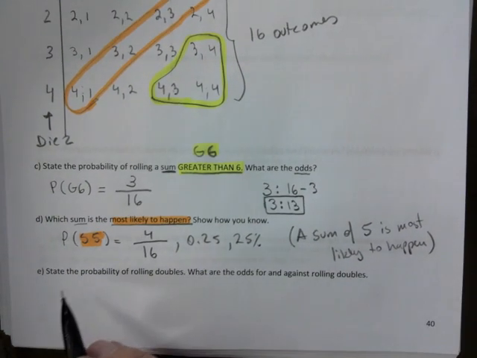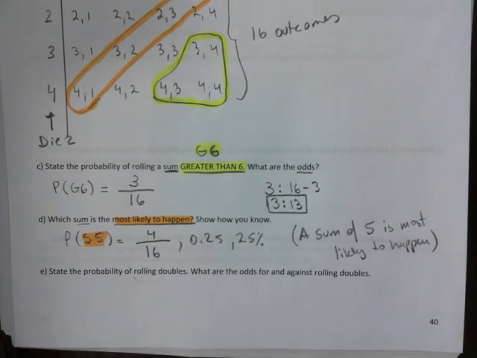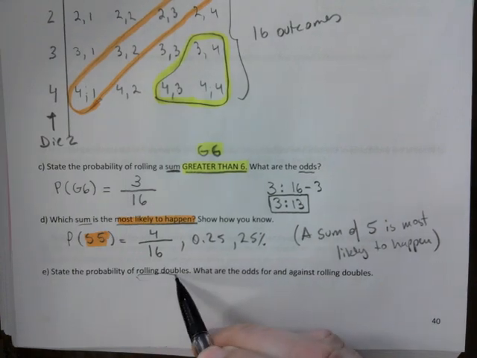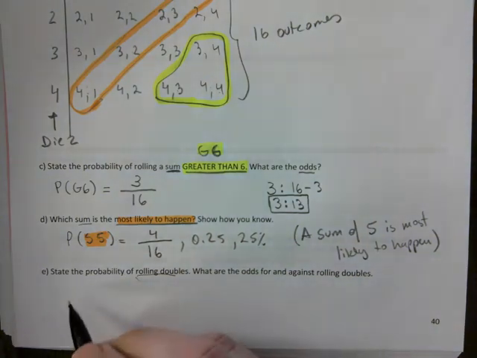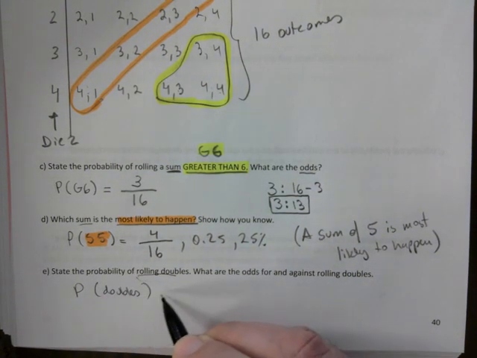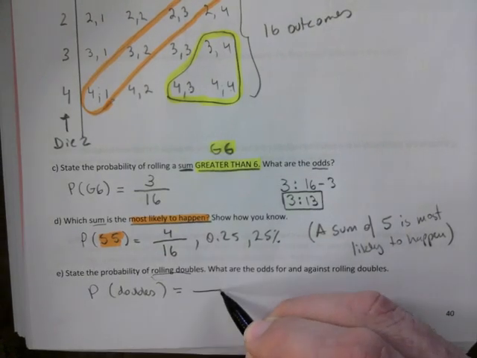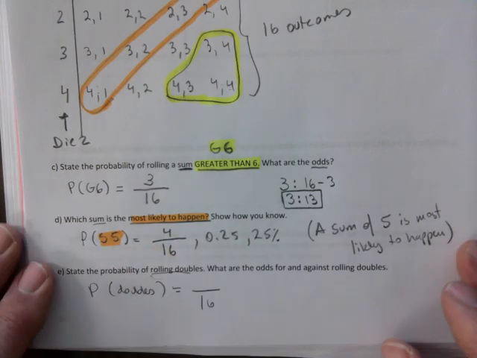Next, state the probability of rolling doubles. So rolling doubles, the name says it all, rolling a 4 and a 4, 3, 3, 2, 2, 1, 1, right? So probability of doubles, you will probably realize that it is the same probability as the one before, right? In this case.